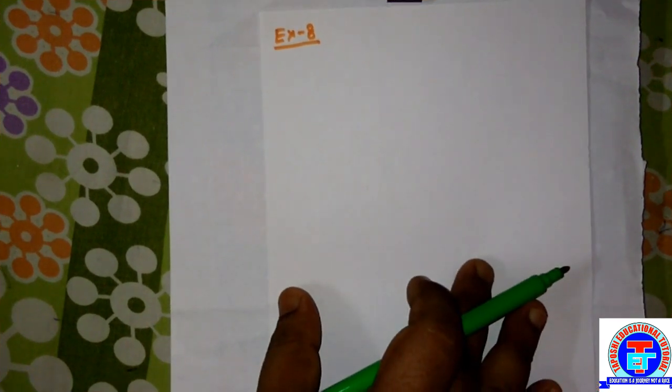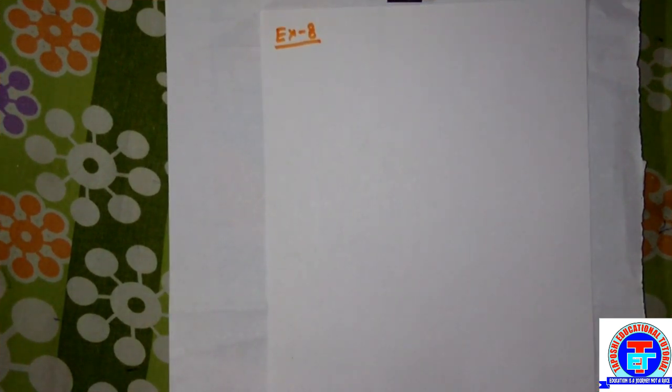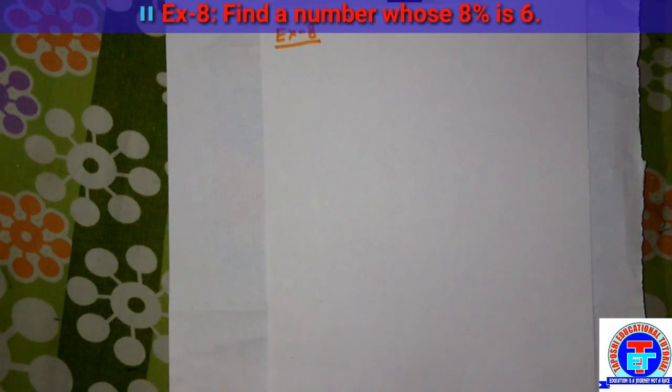Okay my dear student, here I come to solve the problem number 8. Find a number whose 8% is 6, right? That means we find the unknown number whose 8% is 6.